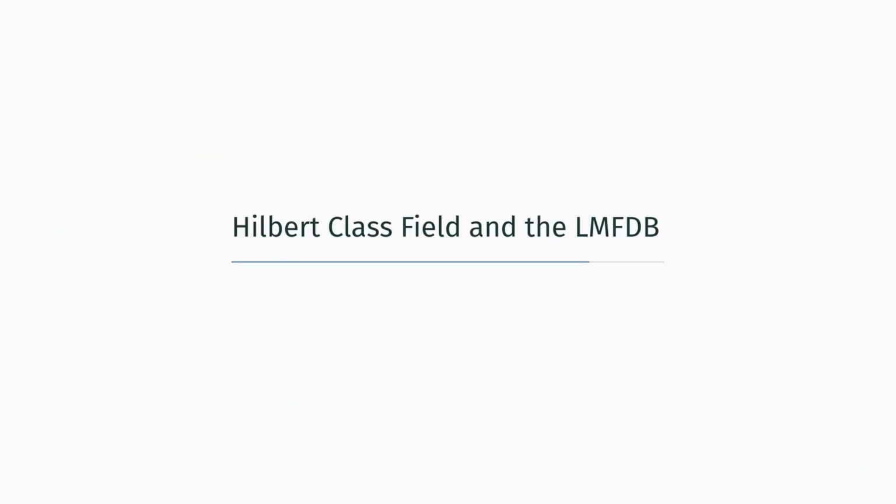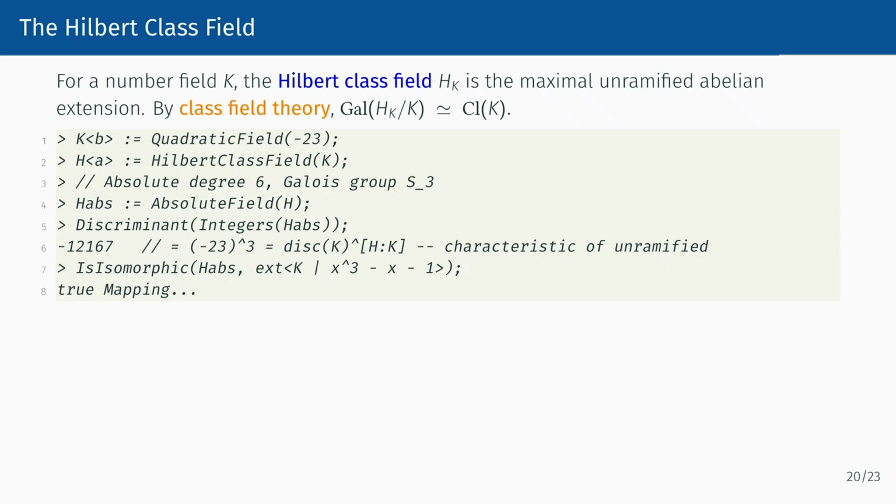So in the last 5 minutes of this talk, I'm going to talk a little bit about Hilbert class fields and about the LMFDB. So for a number field K, one can talk about the maximal unramified abelian extension. So this is an abelian extension where no prime is ramified.